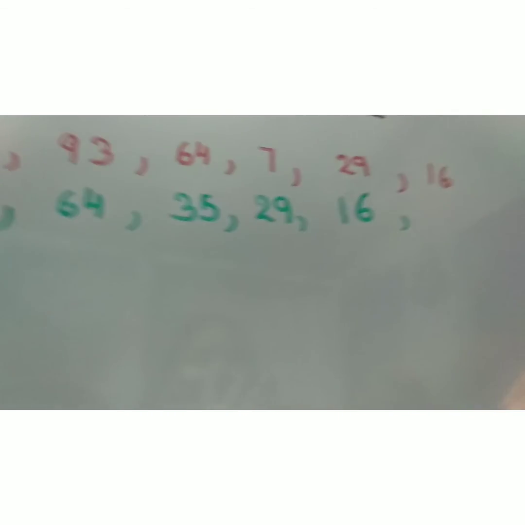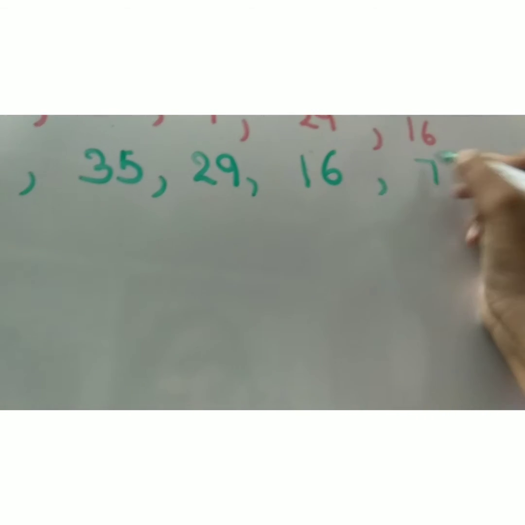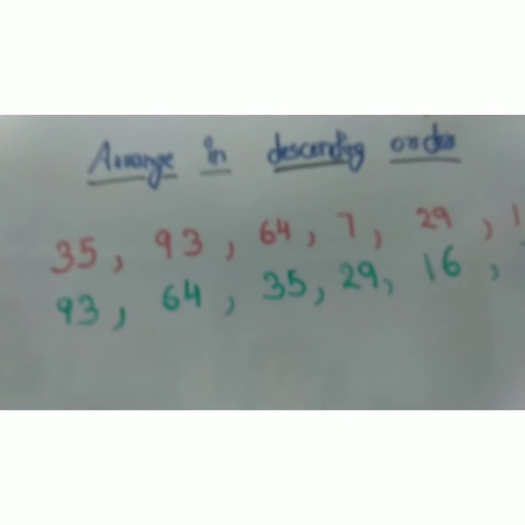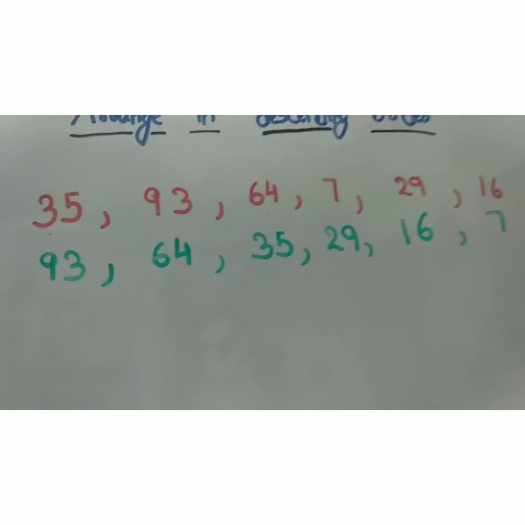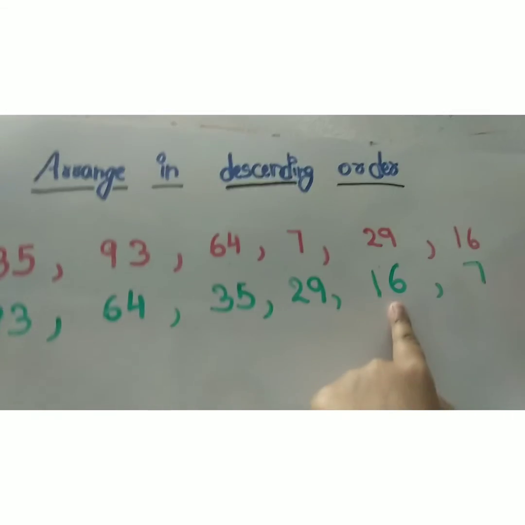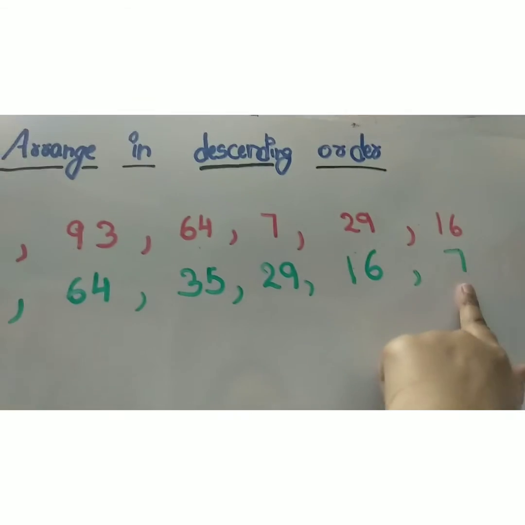Next number is 7. 7 is the next number. So the numbers are 93, 64, 35, 29, 16 and 7.